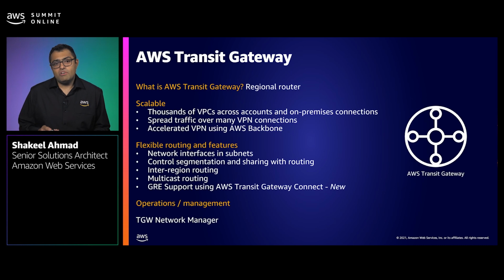A quick recap on Transit Gateway: it's a regional router, it is highly available, and it scales elastically based on the volume of network traffic you throw at it. You can attach thousands of attachments, such as VPCs, on-premises connections, and VPNs. It supports key features such as multicast, BGP, GRE, and it also supports your SD-WAN deployments.